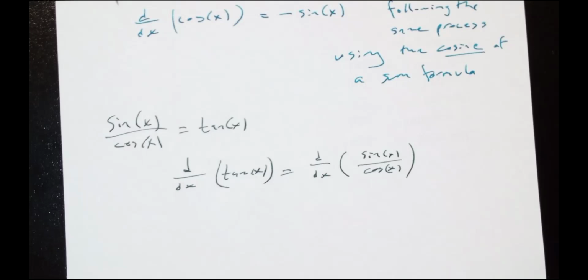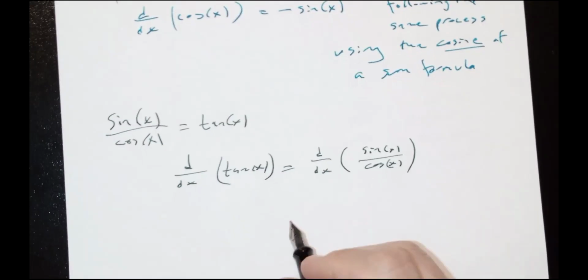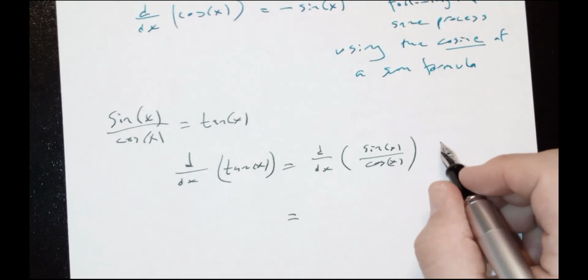We did the quotient rule on Monday. I have a top and a bottom. Let's walk through the formula. Derivative of a quotient. What do I do? Times the bottom derivative, the bottom half the top derivative.